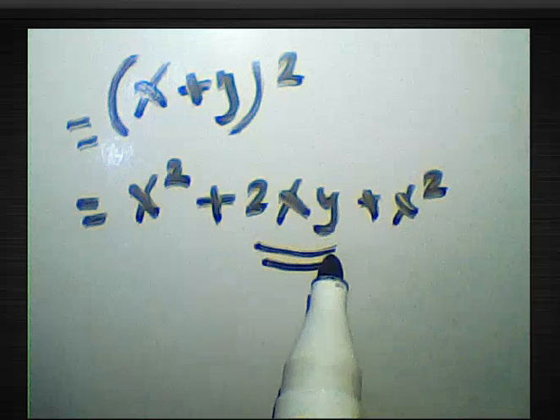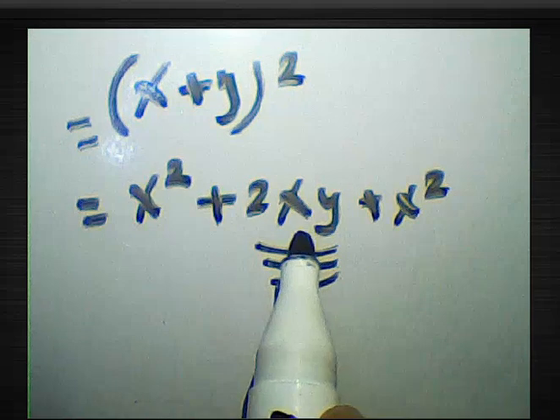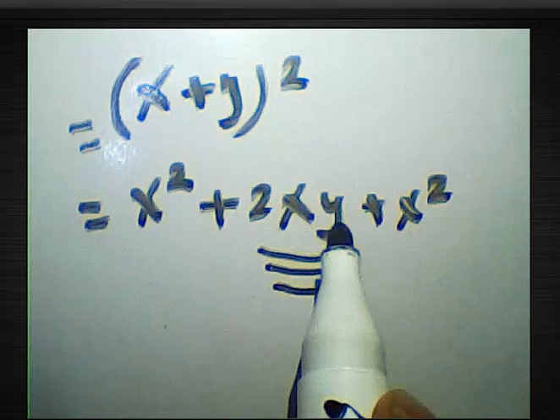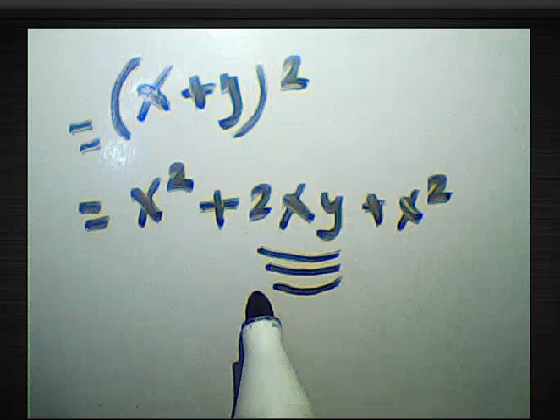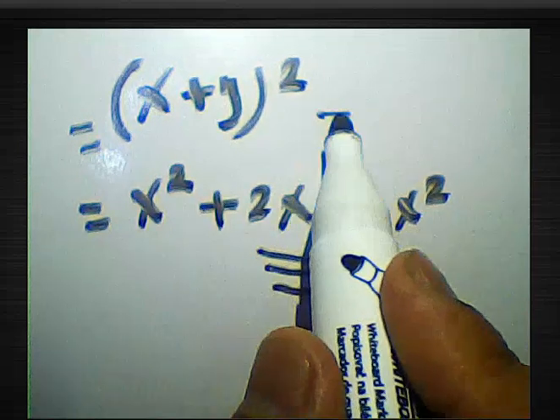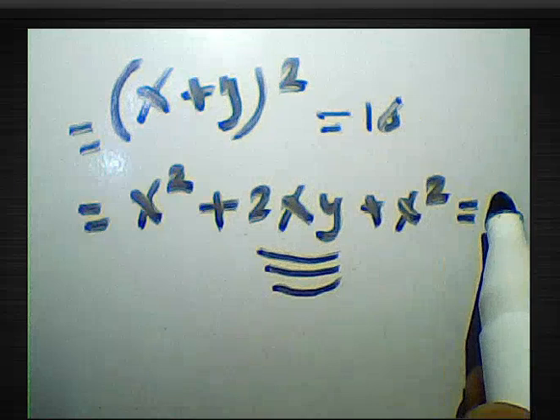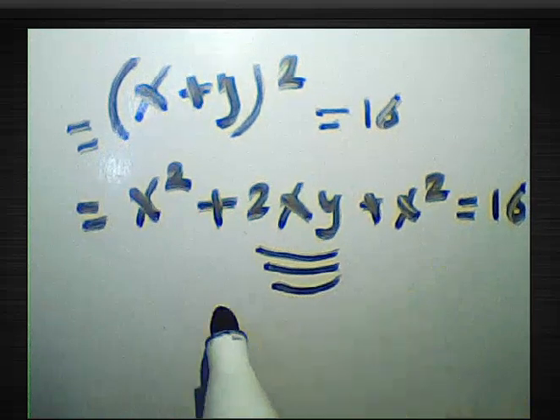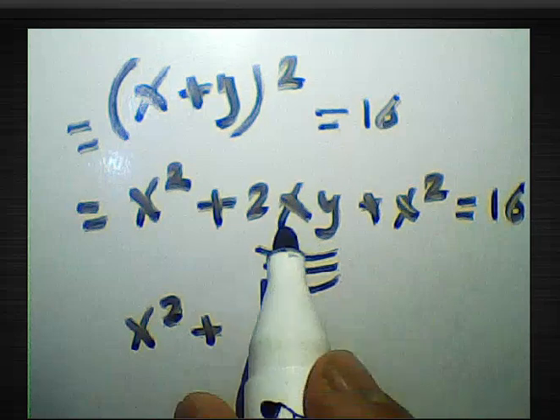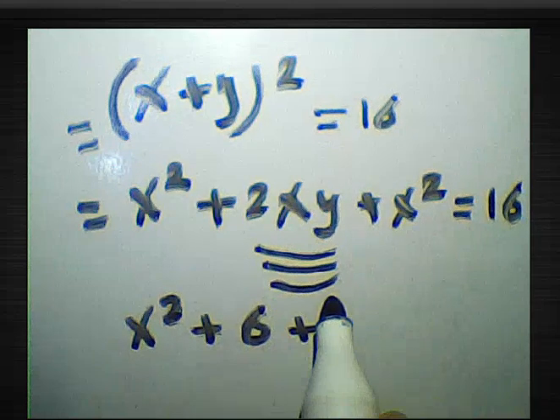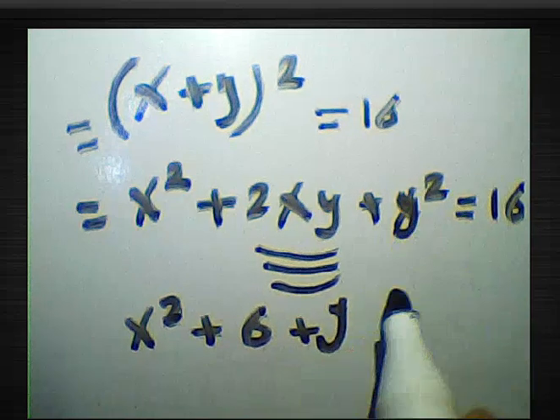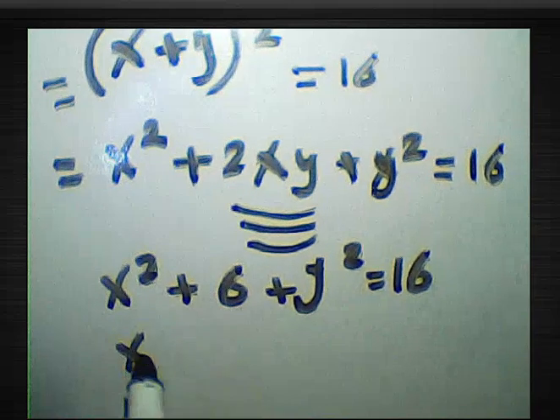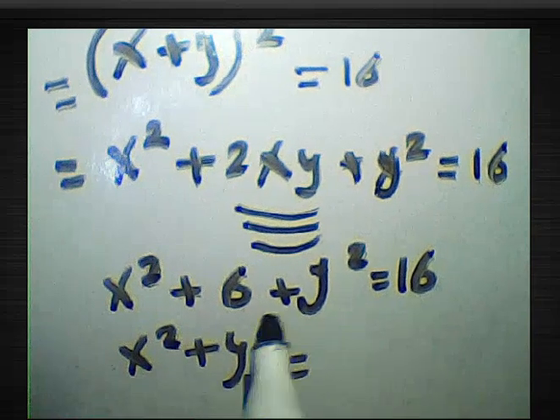It will be 2 times what? 2 times 3, because he gives us x multiplication by y equals 3. 2 times 3 equals 6, and x plus y all power 2 equals 16 here. 16 minus 6 equals 10. x power 2 plus 2 times 3, which is 6, plus y power 2 equals 16, then x power 2 plus y power 2 equals 16 minus 6 equals 10.